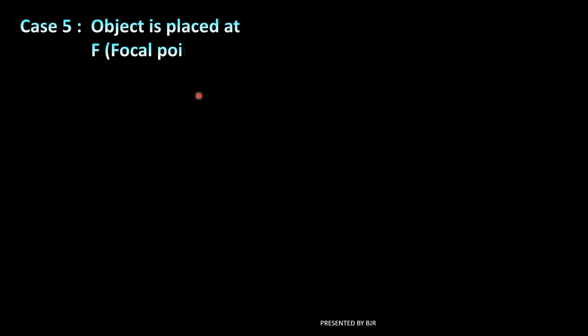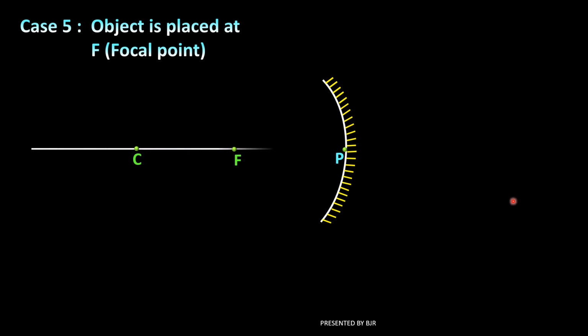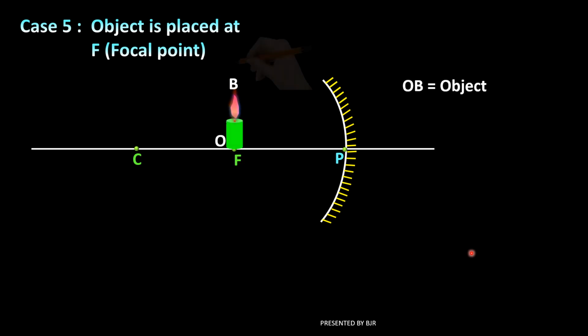The same ray diagram I am showing by the concave mirror symbol. The object is placed at the focal point. Principal axis. So here is the object OB. Let us draw the first ray.